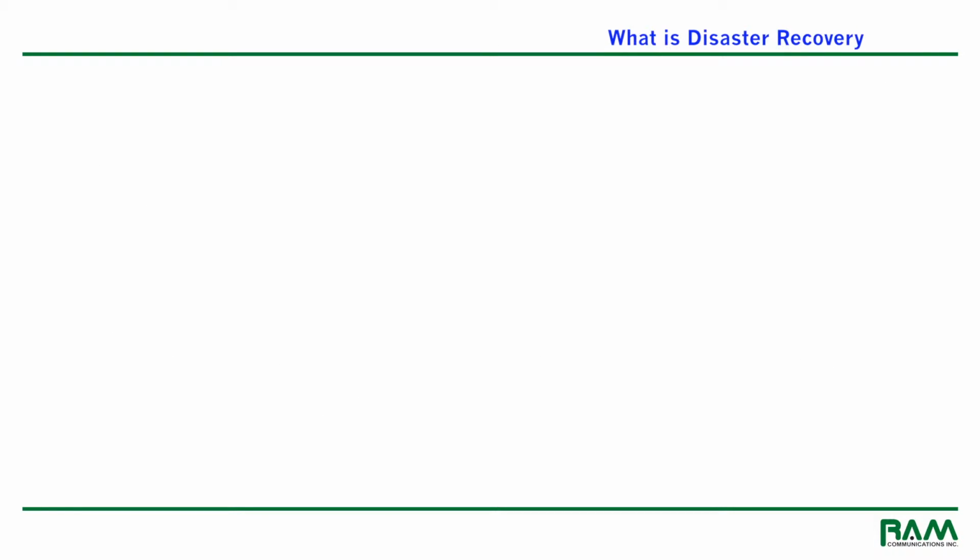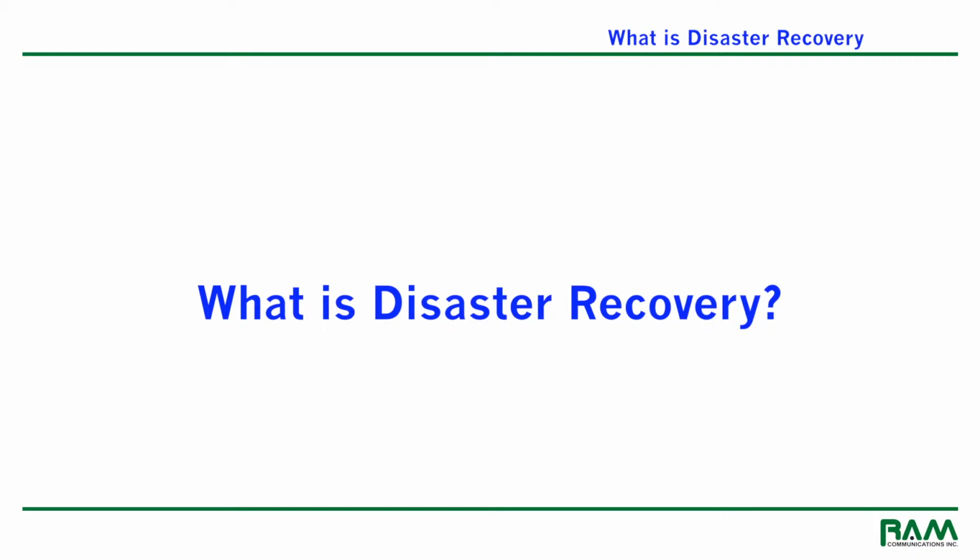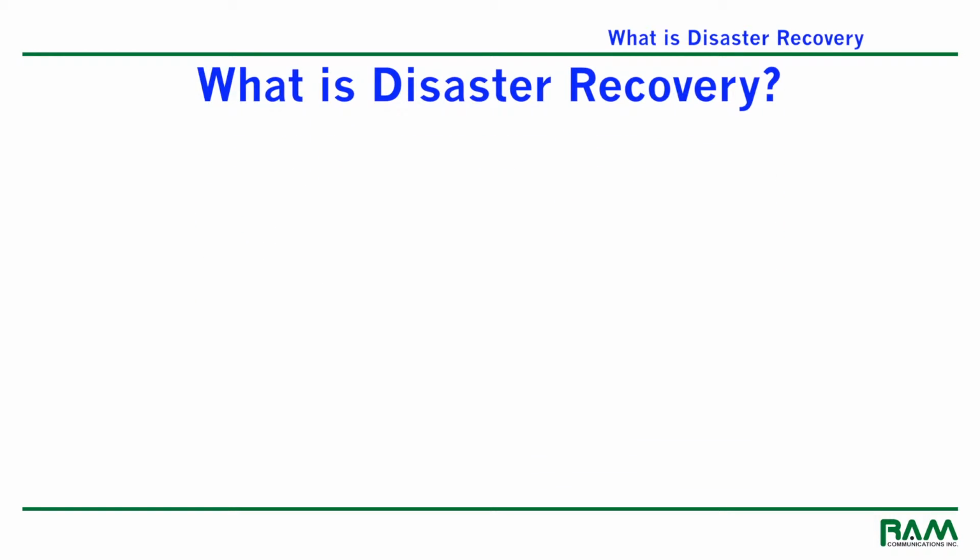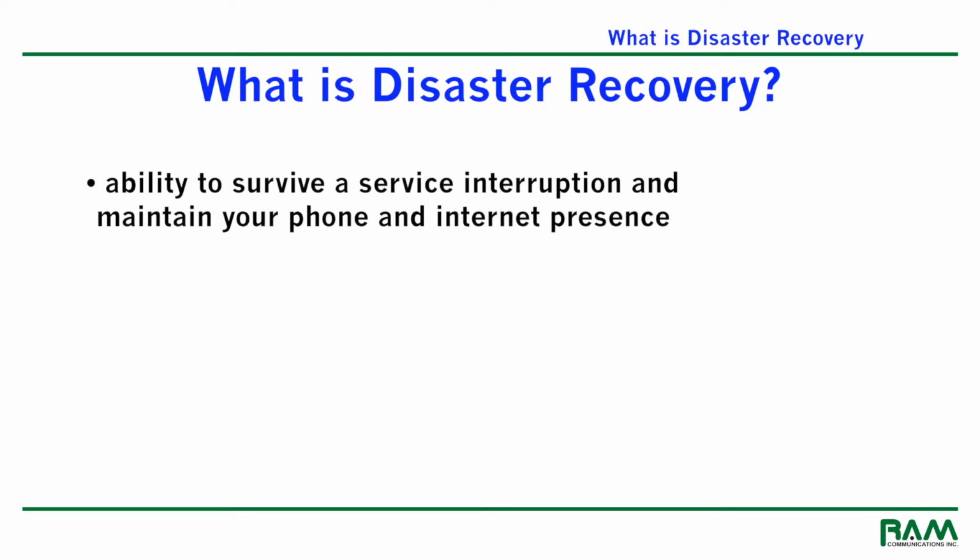So what is disaster recovery? In terms of telecommunications, disaster recovery is the ability to survive a service interruption and maintain your phone and internet presence. A disaster recovery plan is created to identify risks and mitigate them as much as possible.